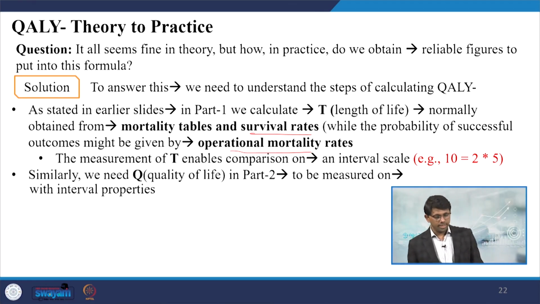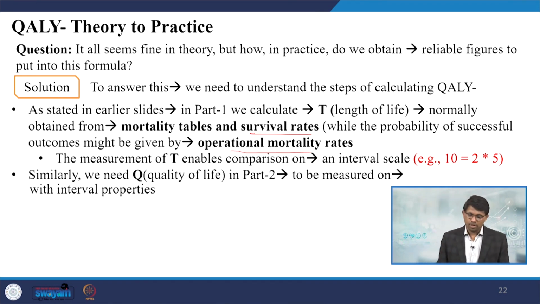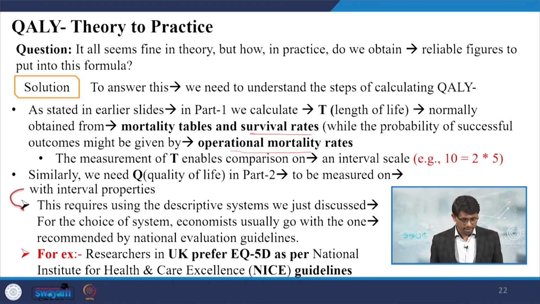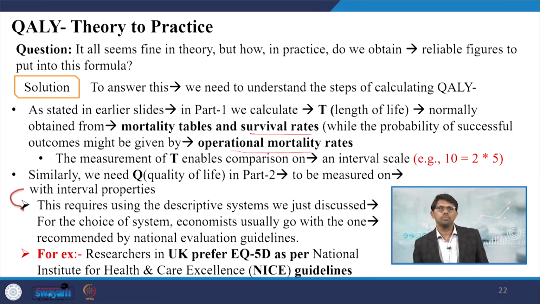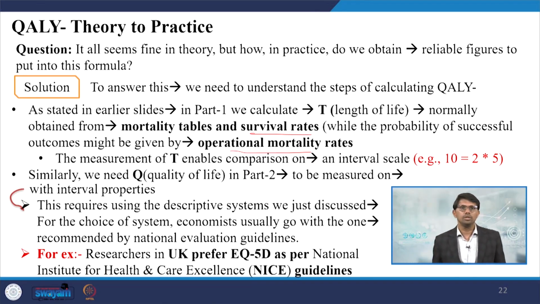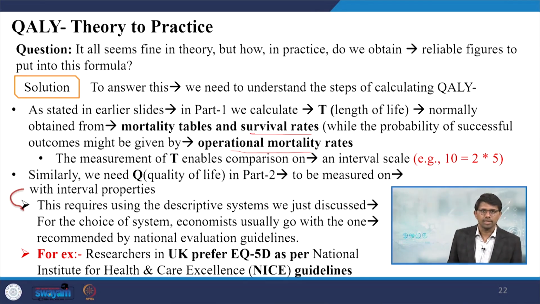Similarly, we need Q in part 2 to be measured with interval properties. This requires using the descriptive systems we discussed before, and for the choice of system, economists usually go with the one recommended by national evaluation guidelines.